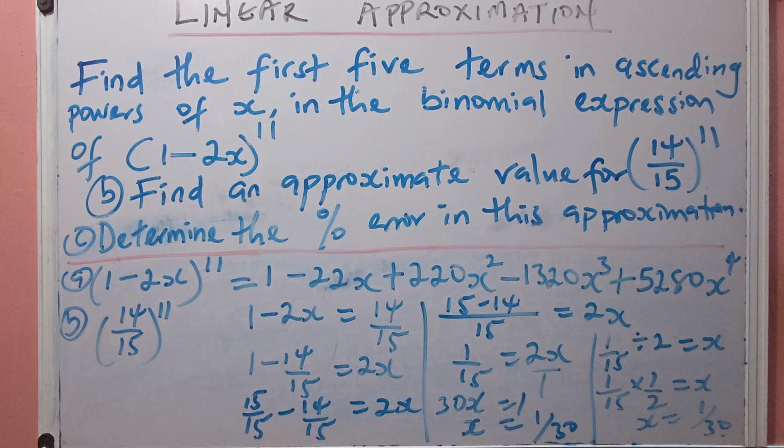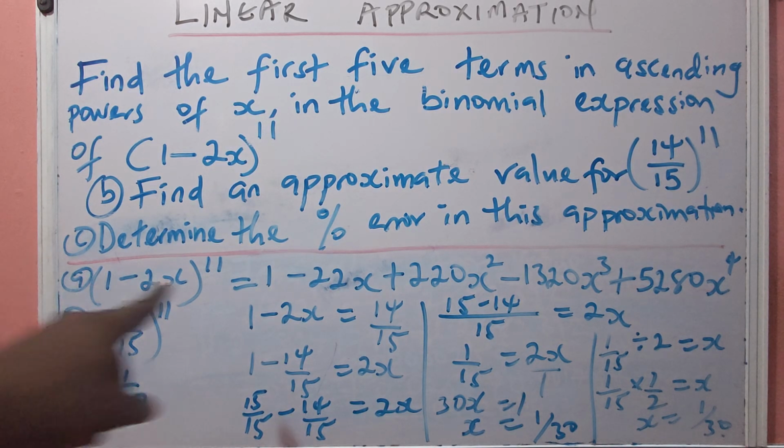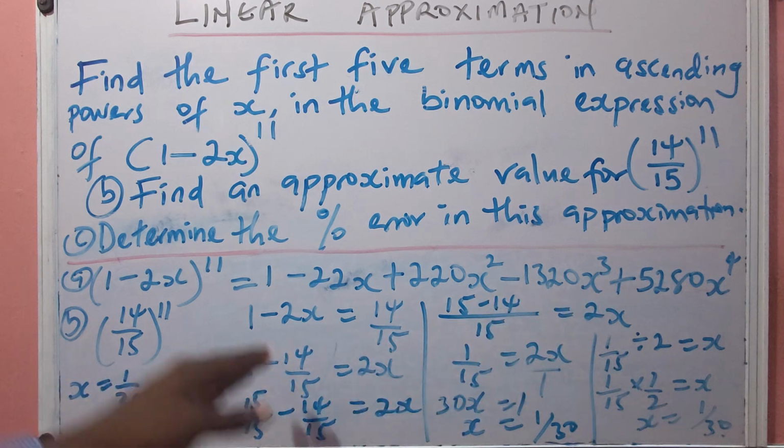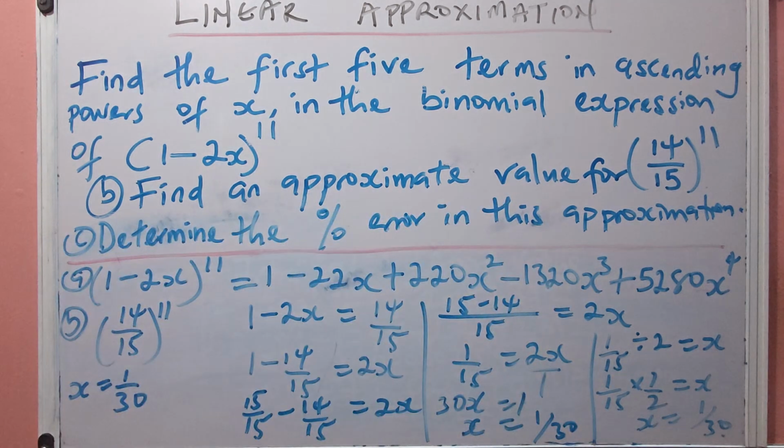All right. So getting my value of x being 1 over 30 is a major landmark in achieving my final answer. So what I have to do next now is to fix in the value of x as 1 over 30 into my expression. That will give me the approximate value for 14 over 15 raised to power 11.